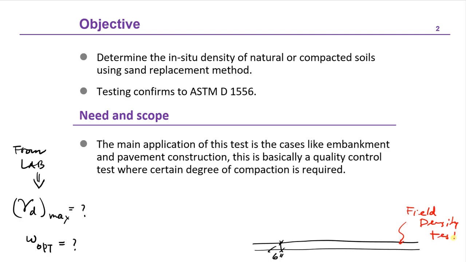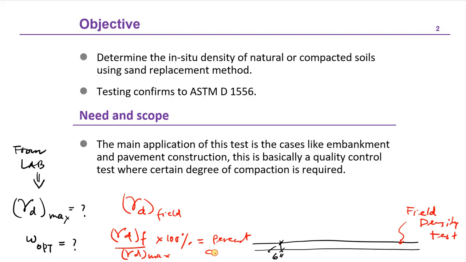That test will give us gamma d of the field. After getting this density, we check what percentage of compaction we got. Gamma d of the field divided by gamma d maximum, which we get from the lab, multiplied by 100, gives us percent compaction.